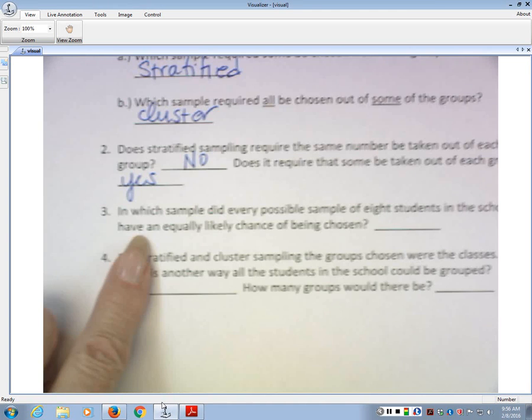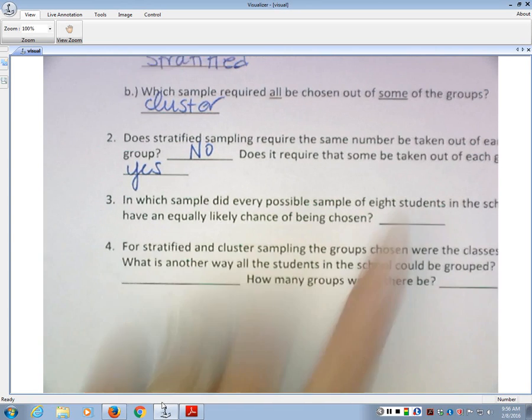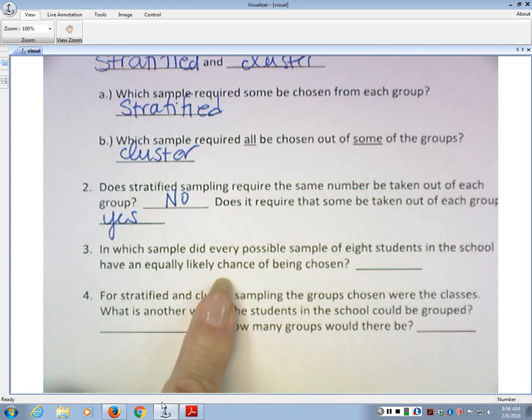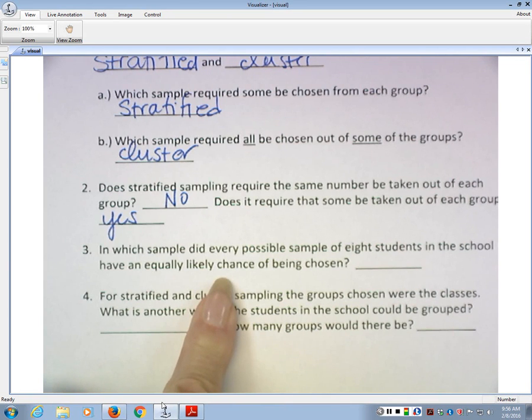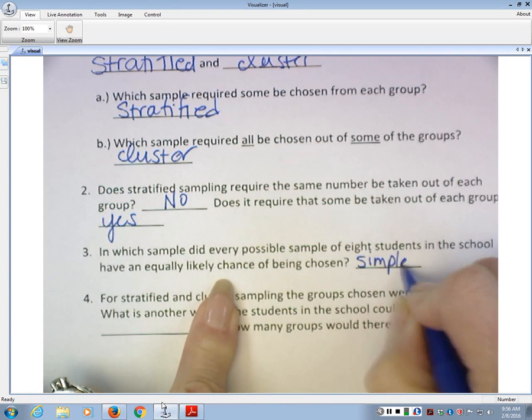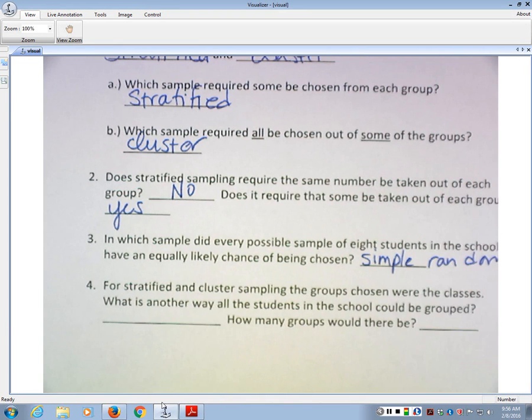In which sample did every possible sample of 8 students in the school have an equally likely chance of being chosen? Only with simple random. Because when we did cluster sample, there was no guarantee we would get a group of 8. When we did stratified, we got a group of 8, but that was because we were told to keep going until we got a group of 8.